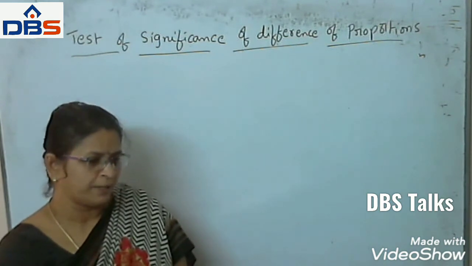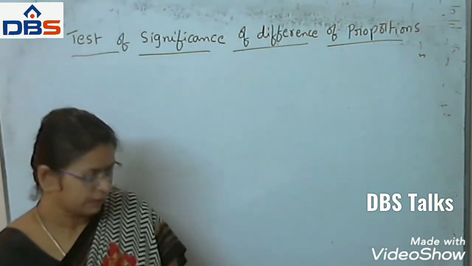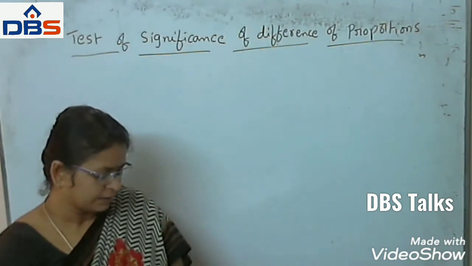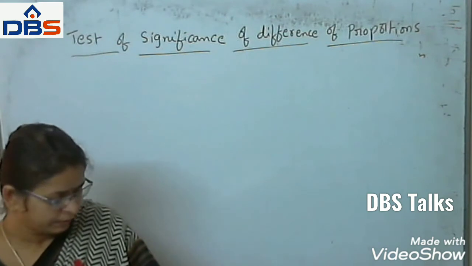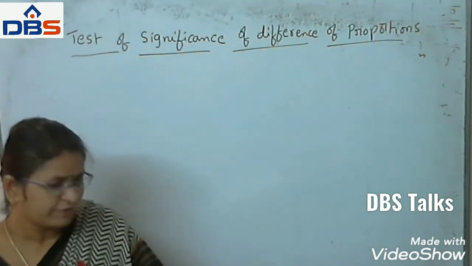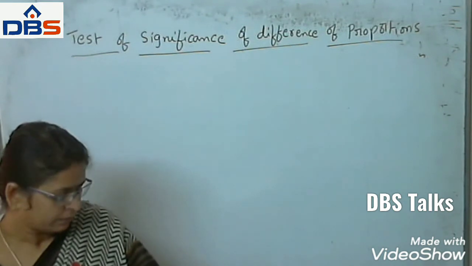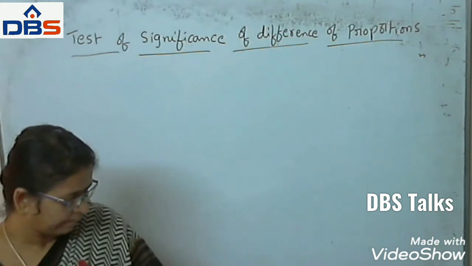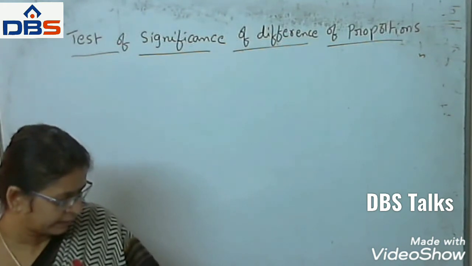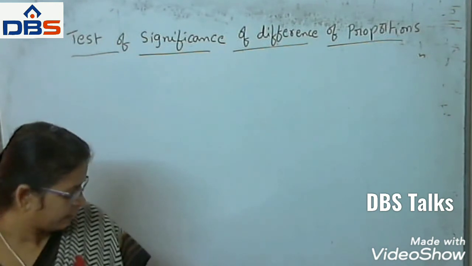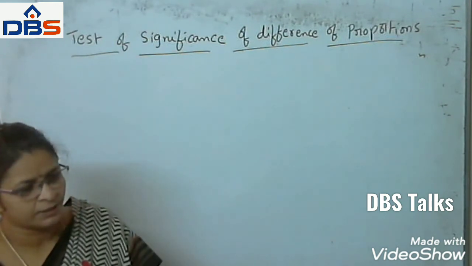So they are considering two large populations. In the first population, 30% people, and in the second population, 25% people are fair-haired. Is this difference likely to be hidden in samples of 1200 and 900 respectively from the two populations? Test this hypothesis at 5% LOS.